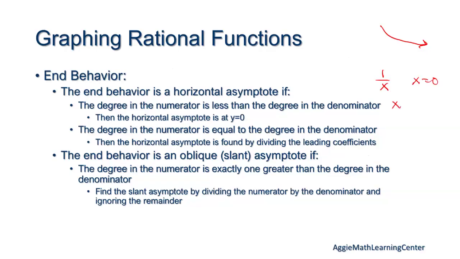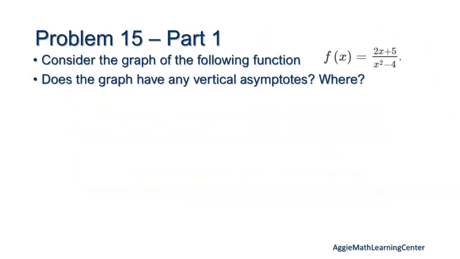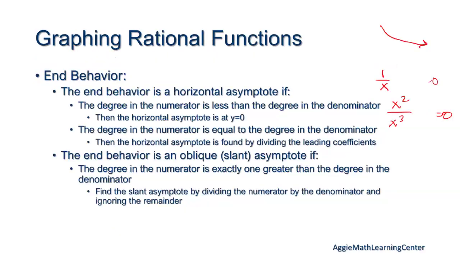Even if you had x squared over x cubed, your horizontal asymptote would still be at y equals 0. So you have that anytime the denominator is bigger.